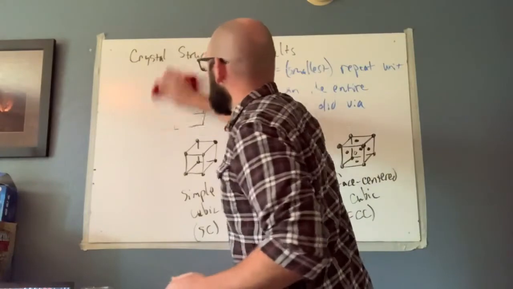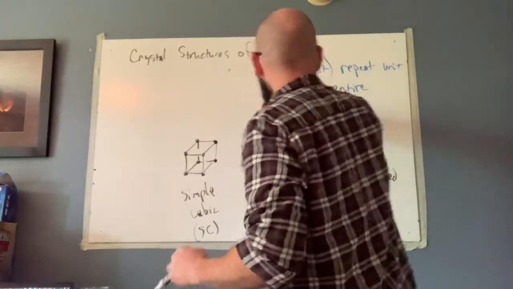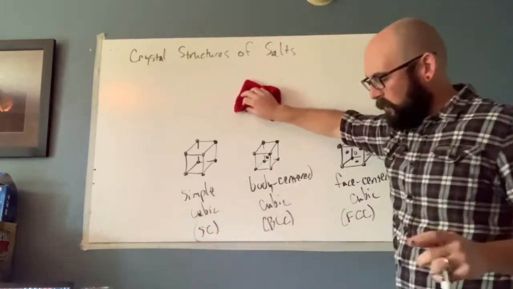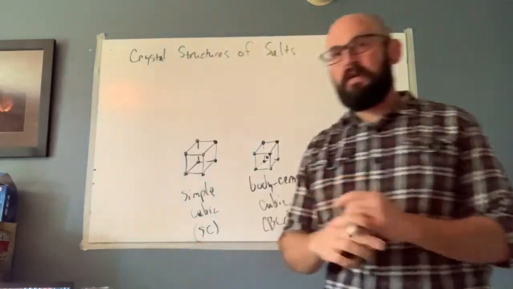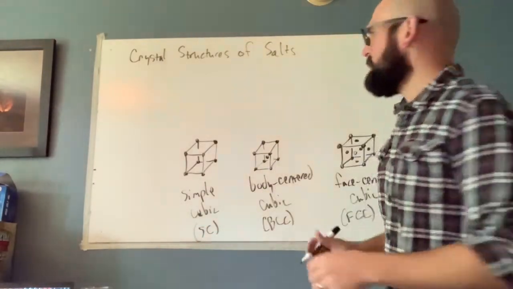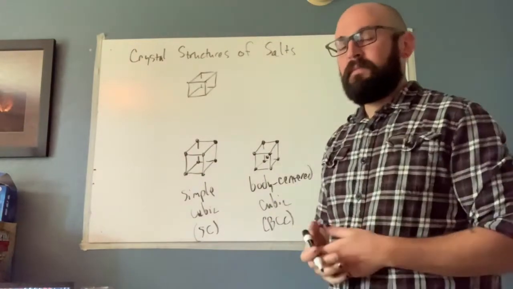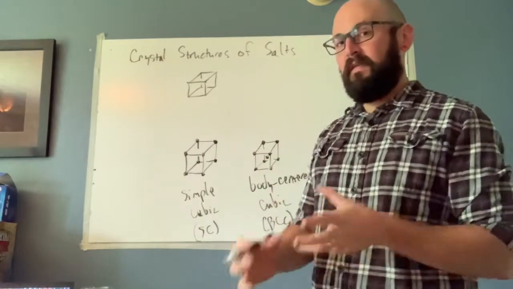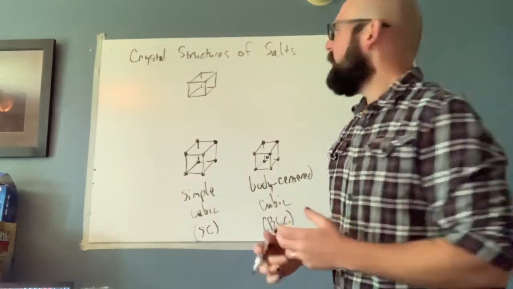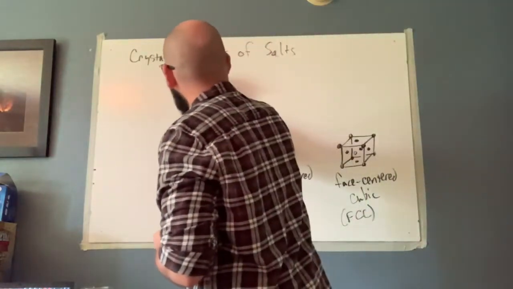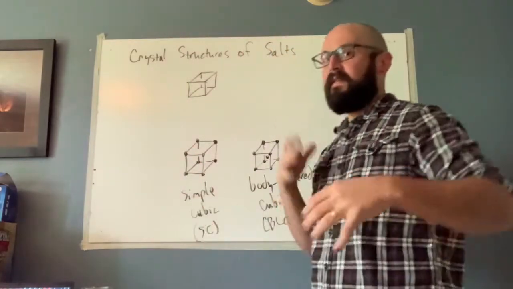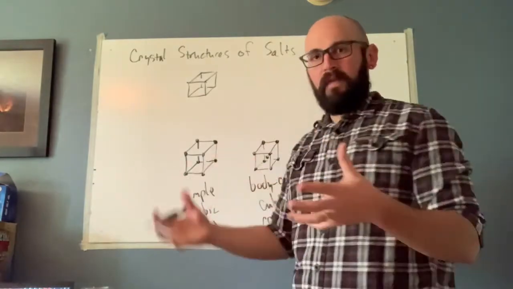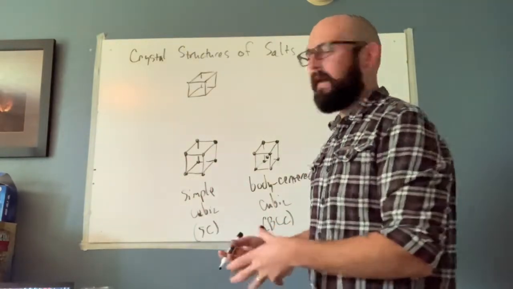So let's look at the different types of sites that are present in our unit cells and how we will have atomic contribution to the particular unit cell. So let's start off with a simple example where we have a position that's entirely inside of our unit cell. So if we have an atom that's not on any of the faces, it's not on an edge, it's not on a corner, but it's somewhere that it's completely contained by our unit cell.